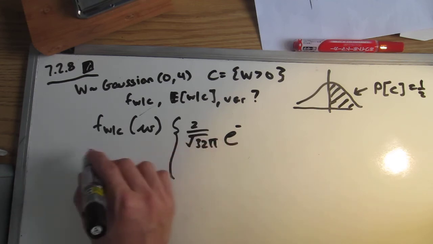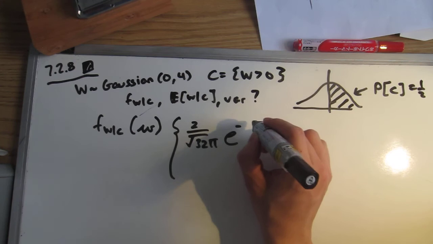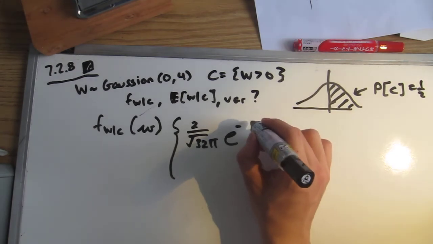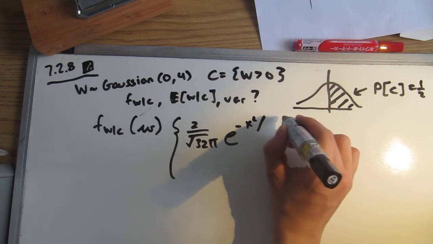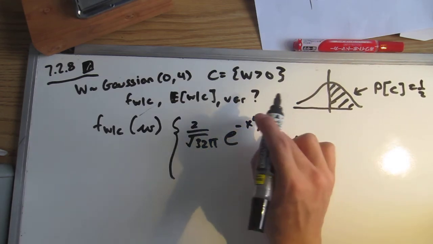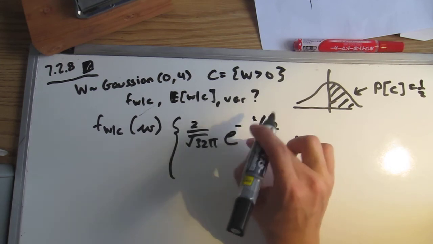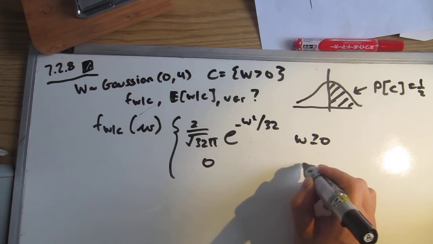Really underneath there's a P of C, which is just multiplying by 2. And here's x squared divided by 32, of course, not x, but w squared, for all values w greater than 0.